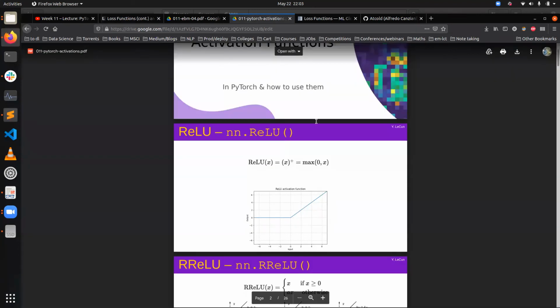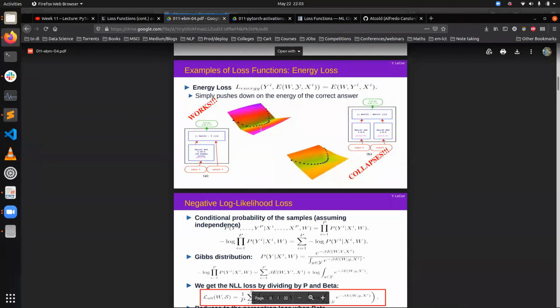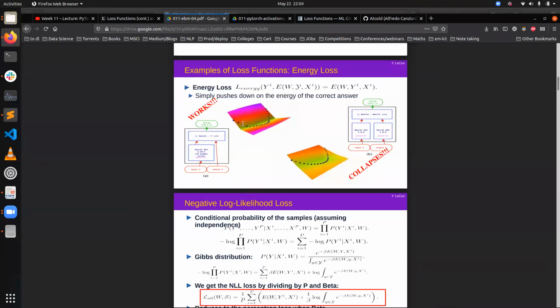So if something is close, we don't want to push it as much as something that is much farther away from the data point. For those, you want the margin to be higher, thus ensuring that the energy there is also higher.